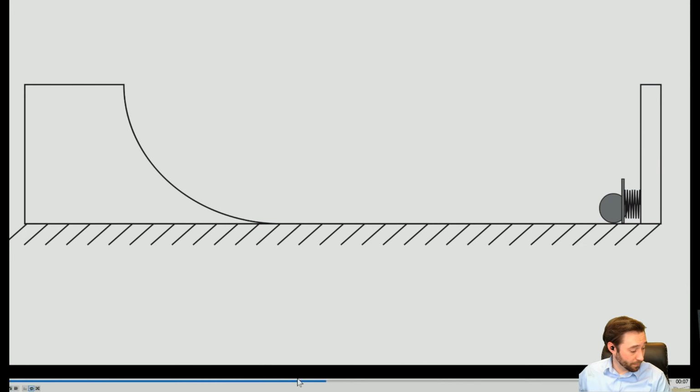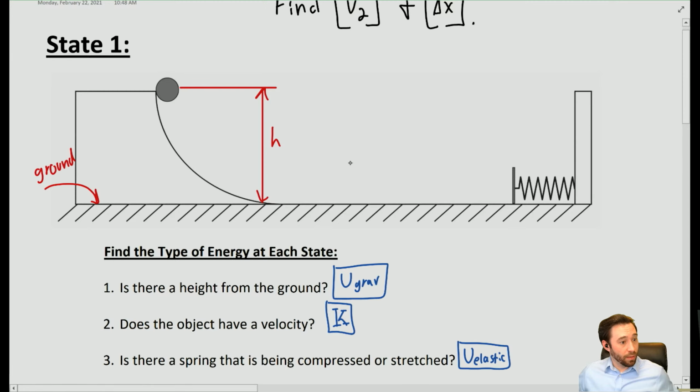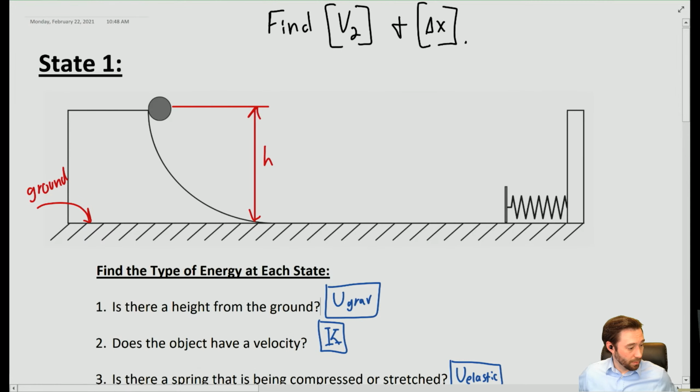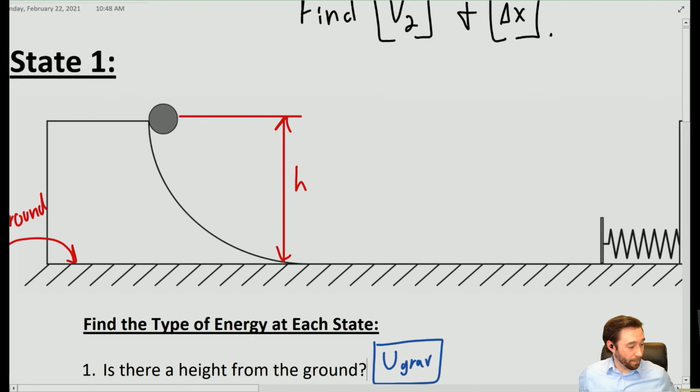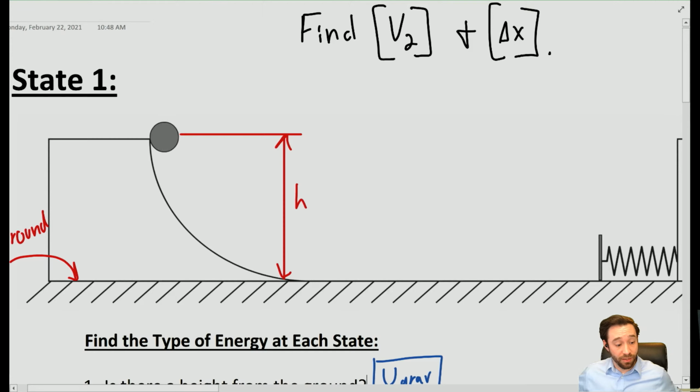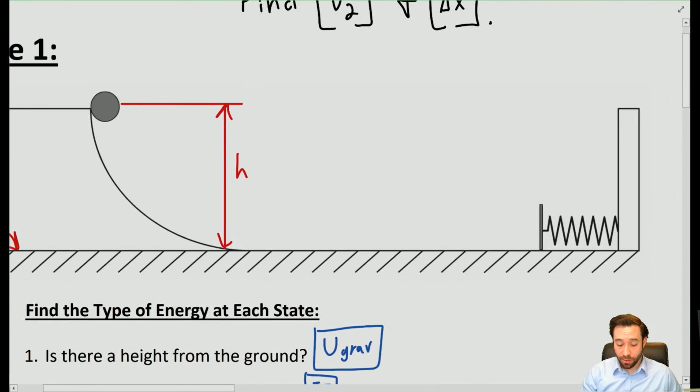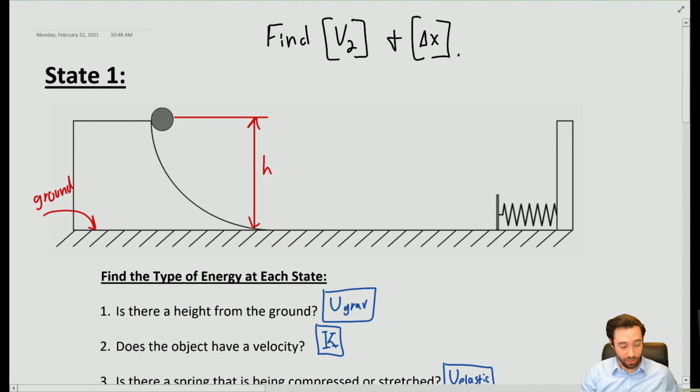Now, the objective that we're going to be dealing with is this one here. So I want to find the velocity at state 2 and how much the spring has been compressed, which is my delta x. Okay? So just as a quick overview to show you guys where we're going with this.